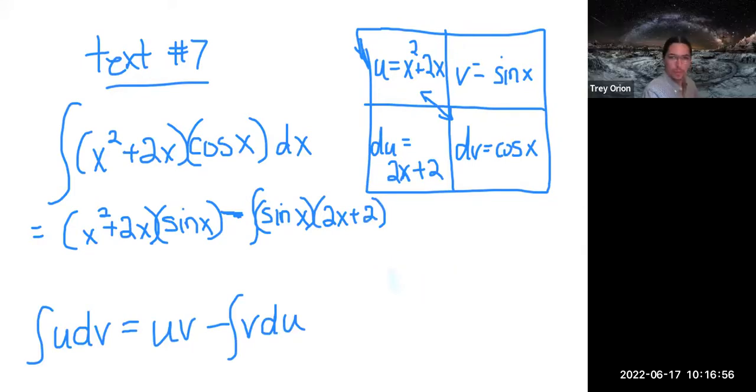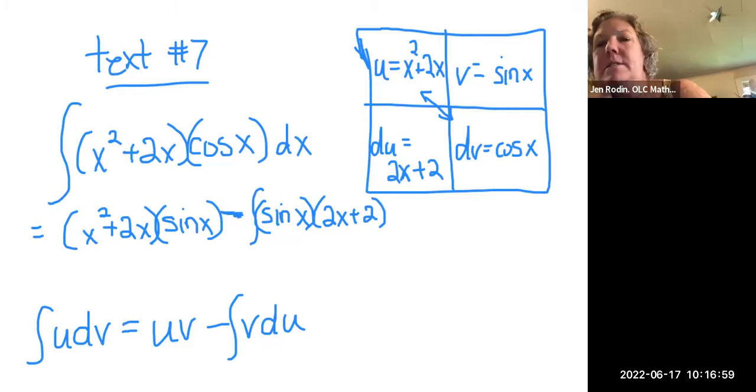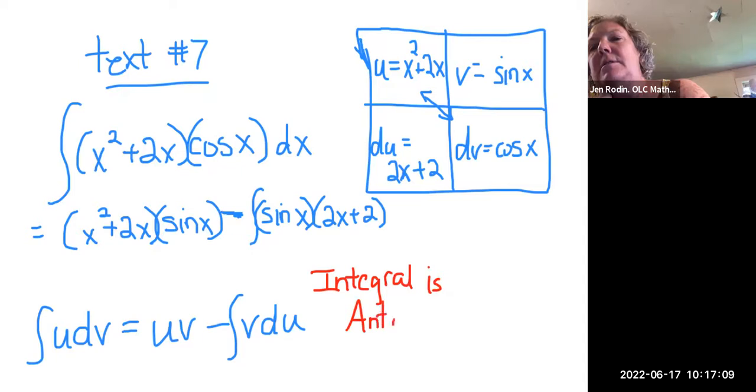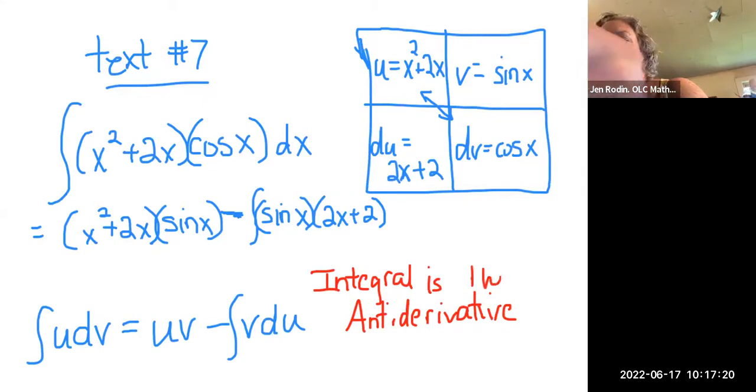Okay. And one other thing, you also said that the integral is the same as antiderivative. Yes, it is the antiderivative. That's a very important conclusion. Integral is synonymous. Yes, synonymous.